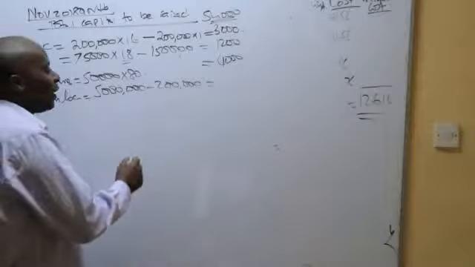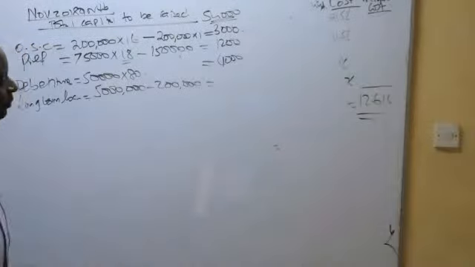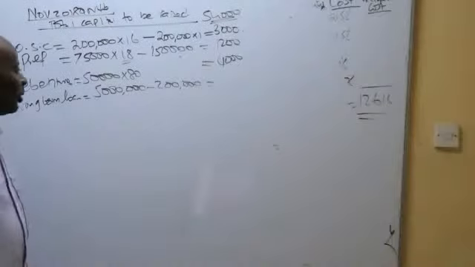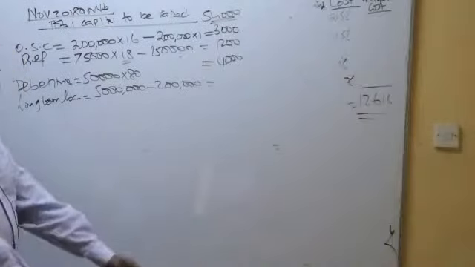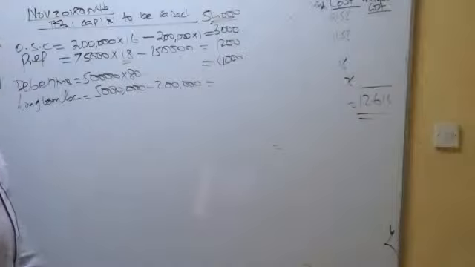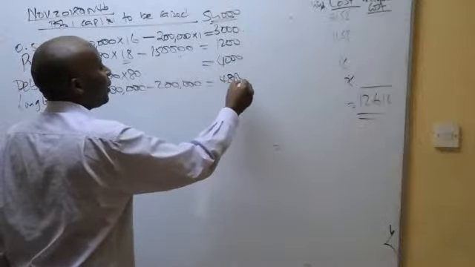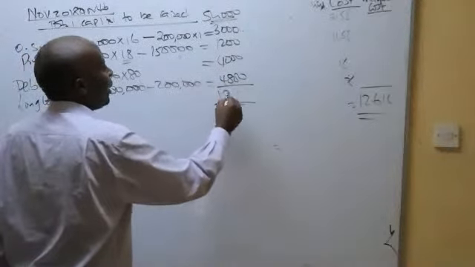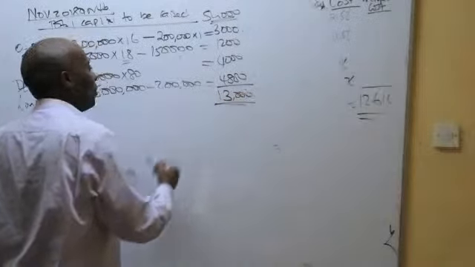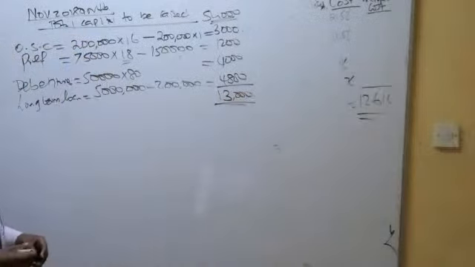So the long-term loan, I'm being told, is 4,800. So please come and add. And according to Atho, we should be able to get 13,000 in terms of shillings thousands.